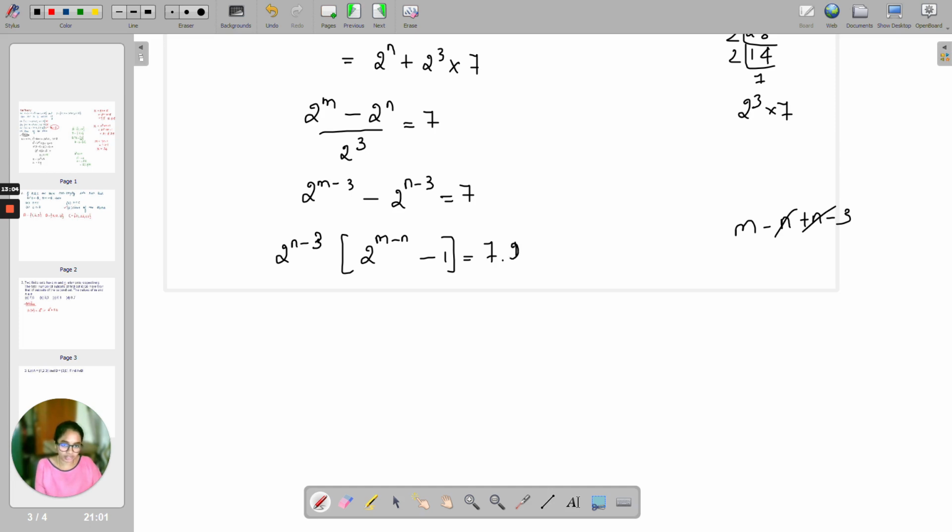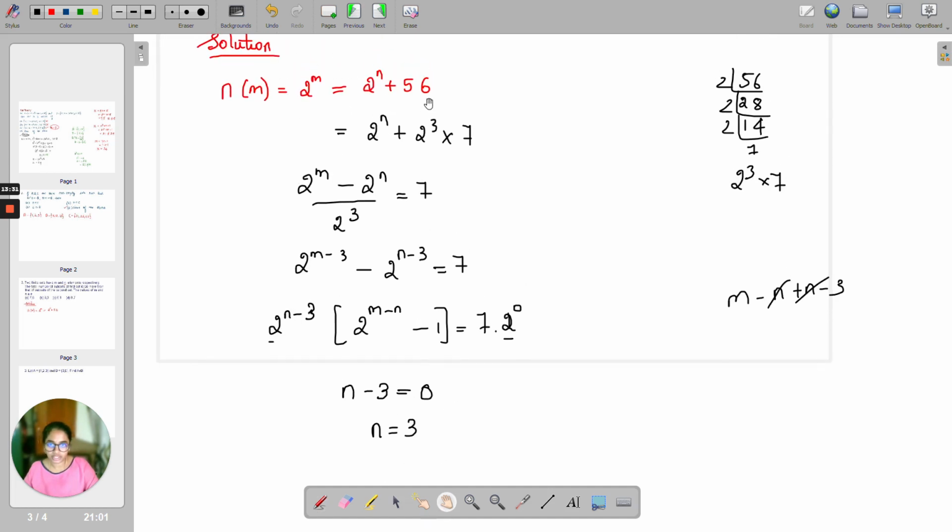So can I write here 2 power 0? Yes. So I have the same bases over here. Let me equate the powers. Okay. n minus 3 is equal to 0. So what is the value of n? We got the value of n as n is equal to 3. Okay.